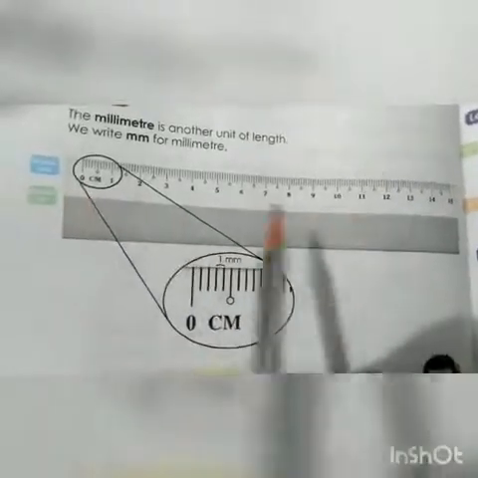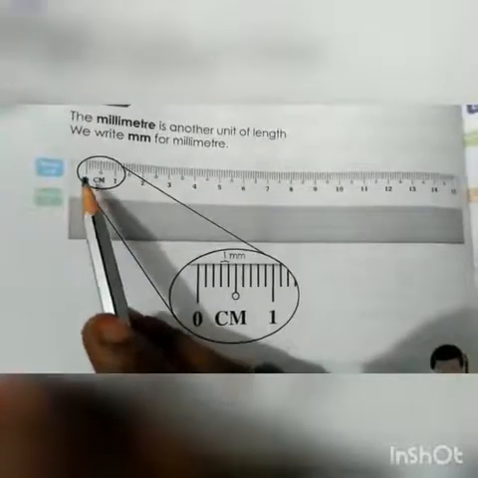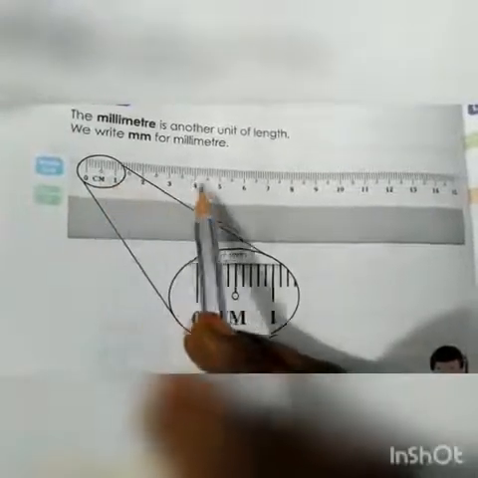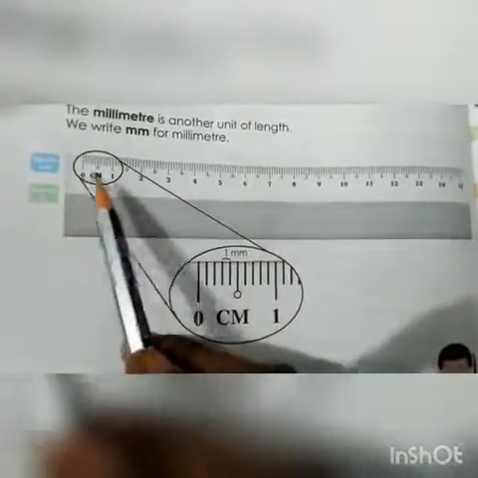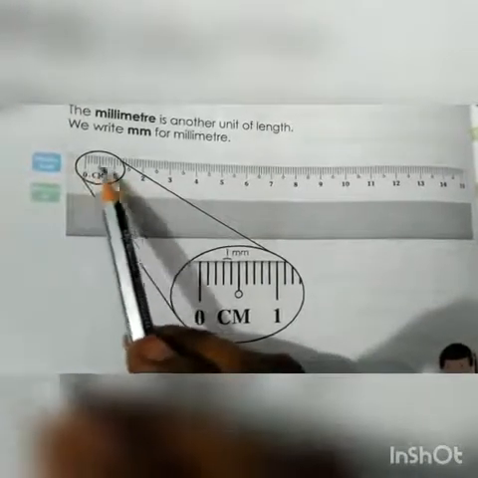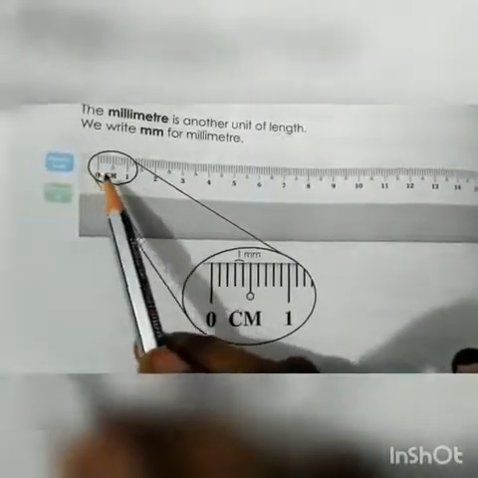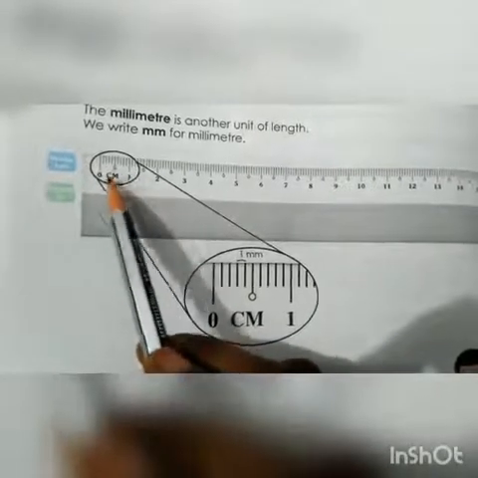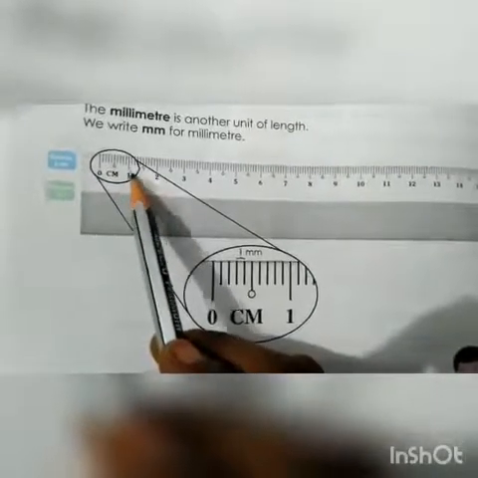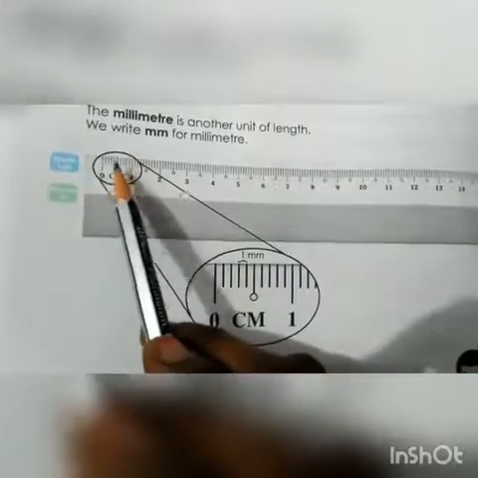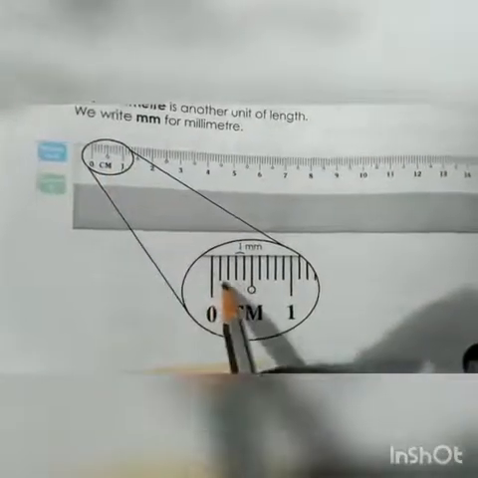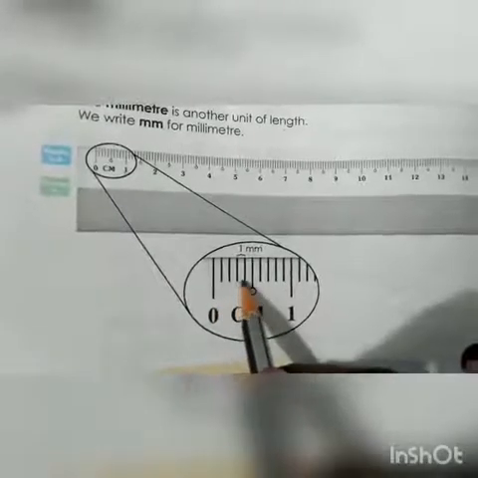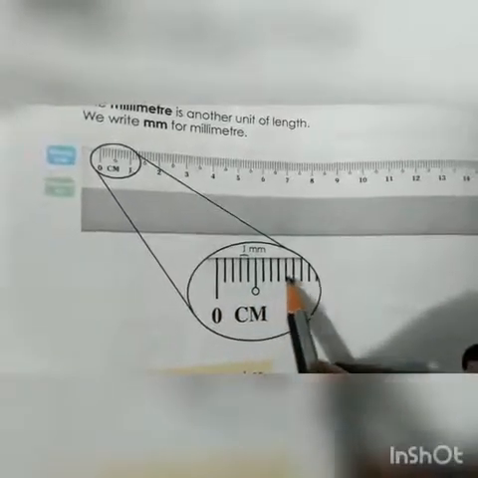Everybody is using a scale. In a small scale, we have 0, 1, 2, 3 up to 15 lines. Between 0 and 1, how many lines are present? So 0 to 1 is 1 centimeter. So 1 centimeter is equal to how many millimeters? 10 mini lines are there. So we can call it 10 millimeters. Look here: 1, 2, 3, 4, 5, 6, 7, 8, 9, 10.